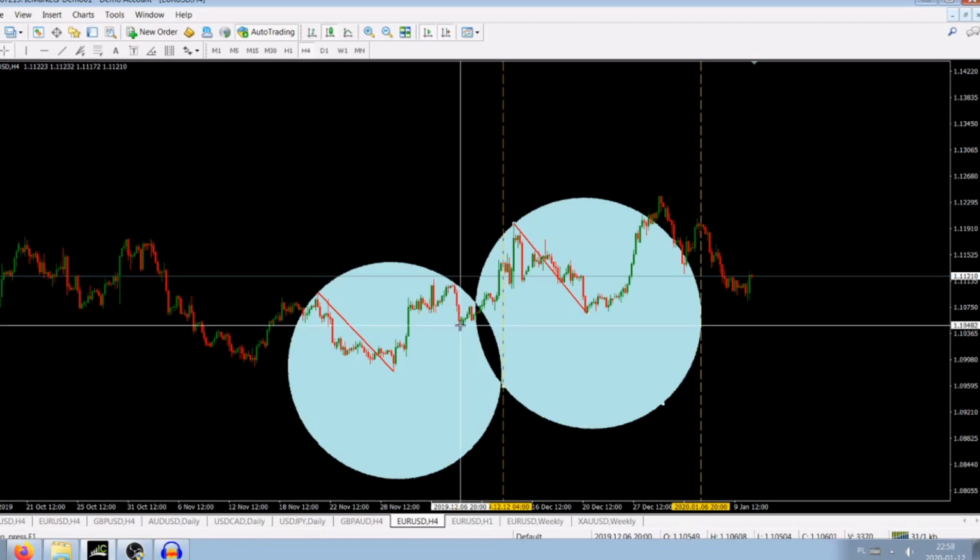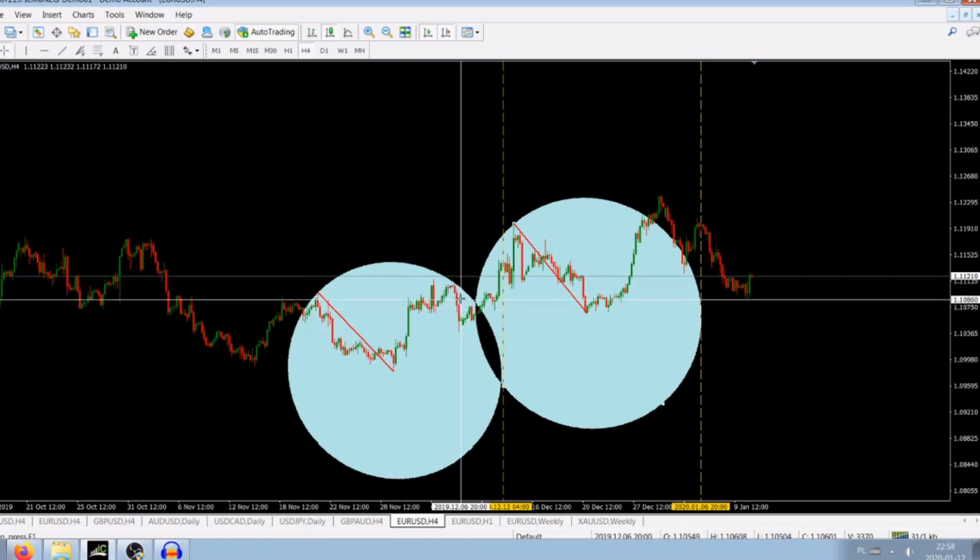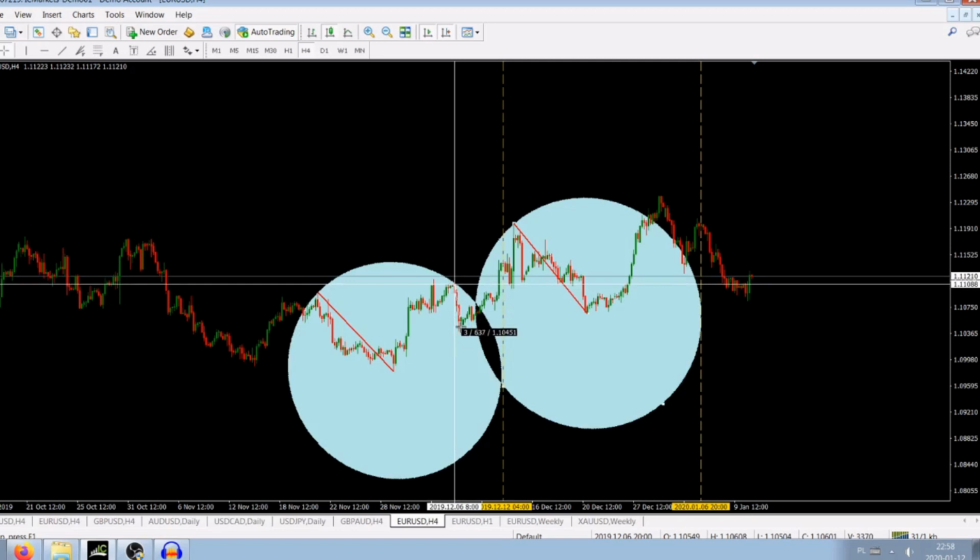It's not a big fall, but this radius is really small as well. It is 60 pips or something. And then the market went through. If the market got out of the circle, it means, either up or down, it's another story and another circle.